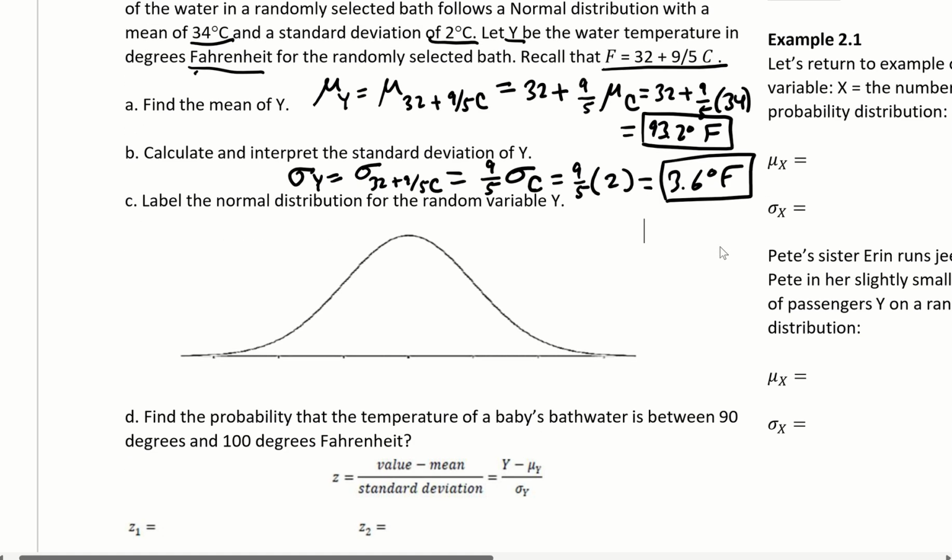So that's the general interpretation. Over many randomly selected baths, the temperature will typically vary by 3.6 degrees Fahrenheit from the mean of 93.2 degrees Fahrenheit.